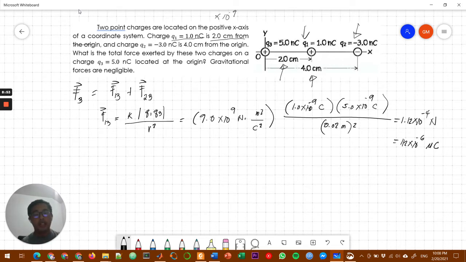So what is the direction of this? As you can see, you have Q1 and Q3. This is Q3 and this is Q1, so both are positive. So the force felt by Q3 because of Q1 is repulsion. The direction of the electric field of a positive charge is always radially outward.